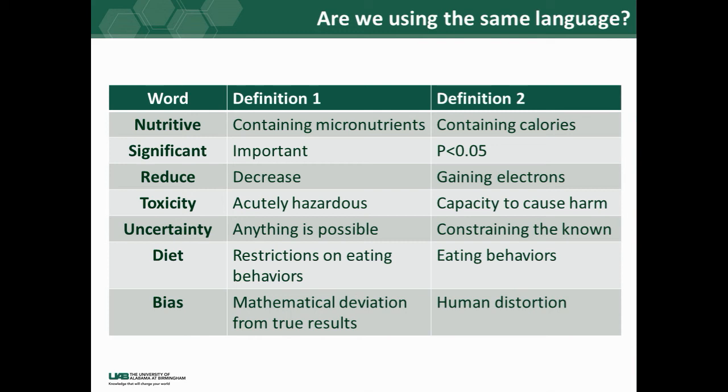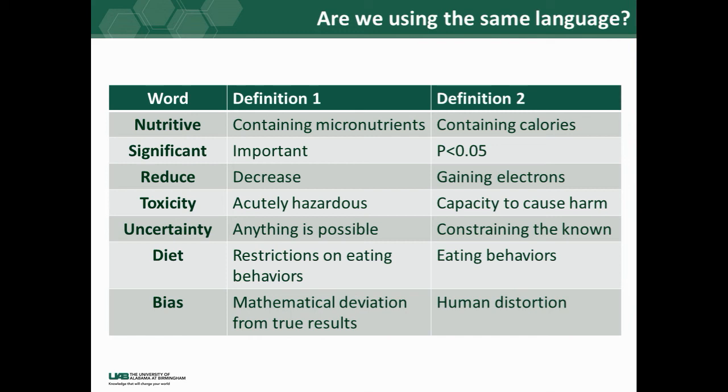Uncertainty, I think, is a very big one for nutrition and science in general, because when we as scientists say that we're uncertain of something, some people interpret that to mean that we're saying anything is possible. But usually it means that we know within some level of boundaries an effect of something. And so those are two very different uses of the word uncertainty.